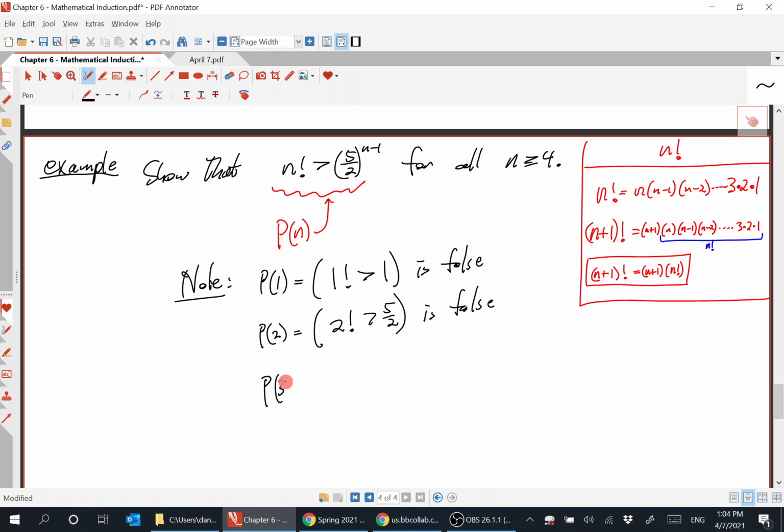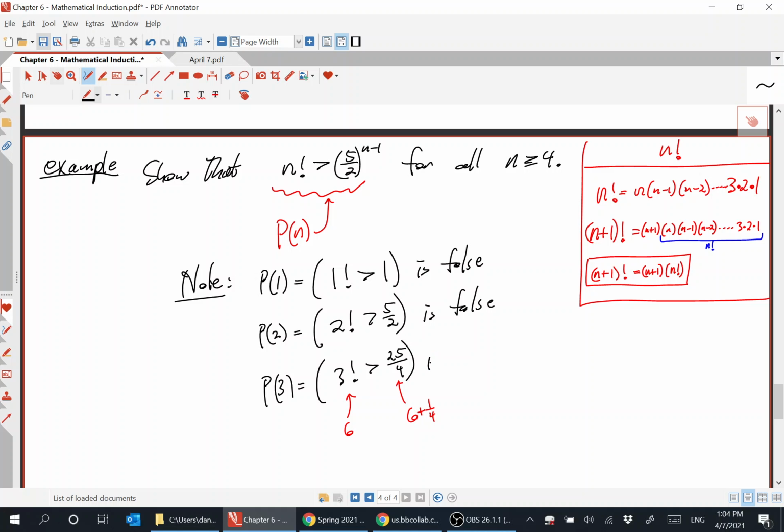P3 is the statement 3 factorial is greater than 5 halves squared. That's 25 over 4. 25 over 4 is 6 point something, right? 3 factorial is 6. 25 over 4 is 6 1/4.